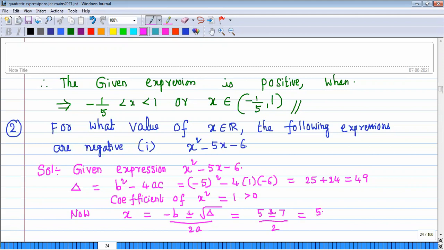We get 5 minus 7 upon 2 comma 5 plus 7 upon 2, which is minus 2 by 2, comma 12 by 2: minus 1 comma 6.